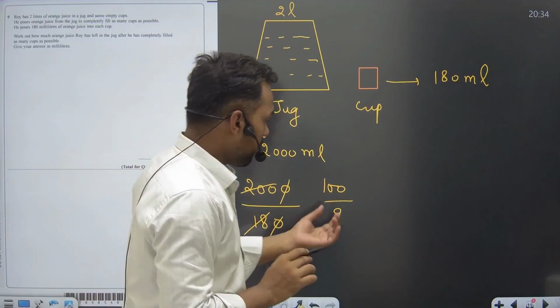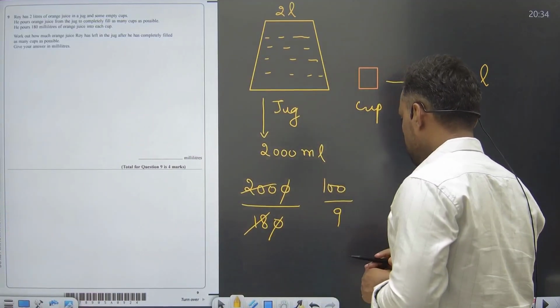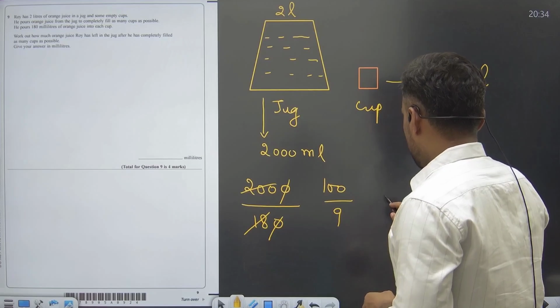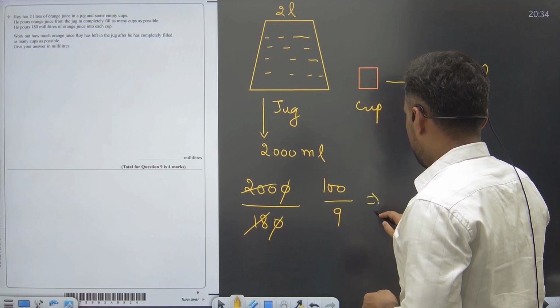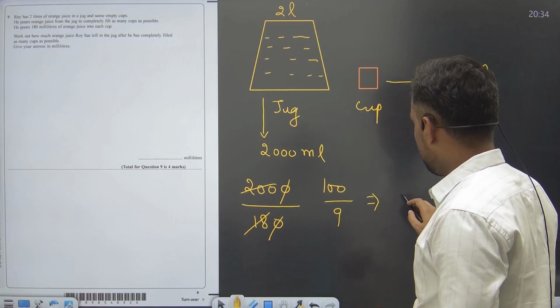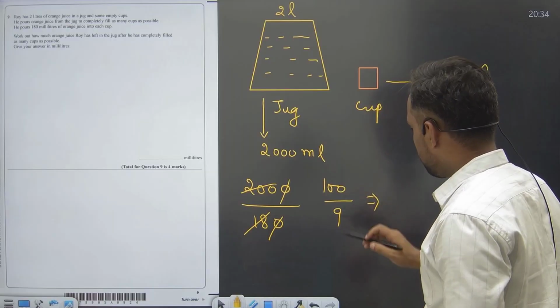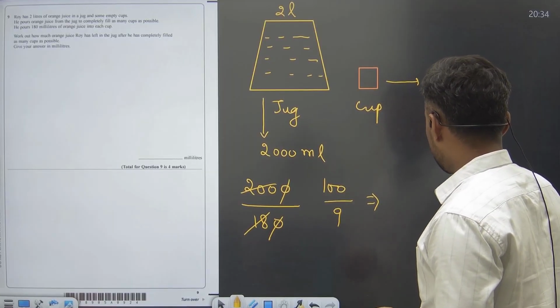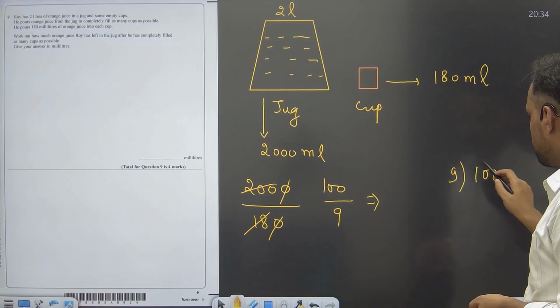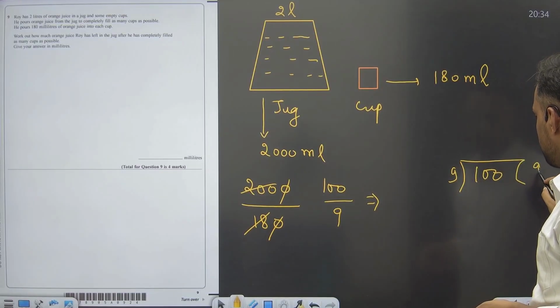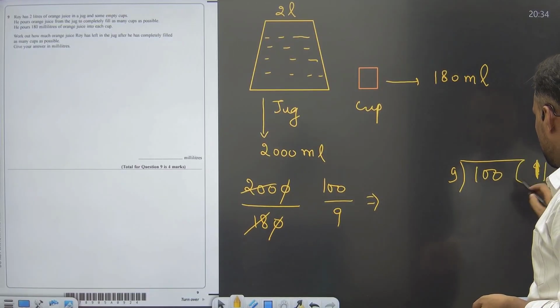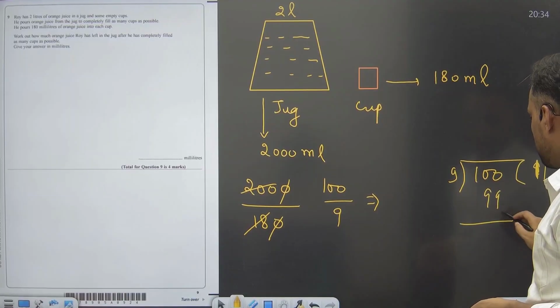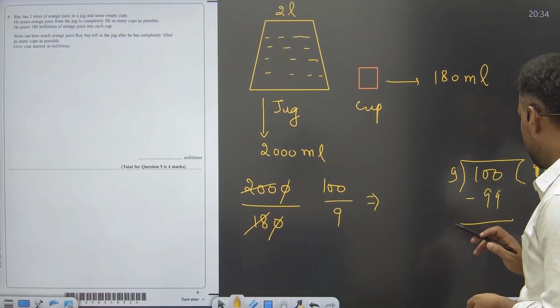Okay, now if I say, so it will go, what you need to do here, so you will see that 100 by 9 can be written as, if I do division here, you get 11 times, 11 times 9 will be 99, so 100 minus 99 will be 1.